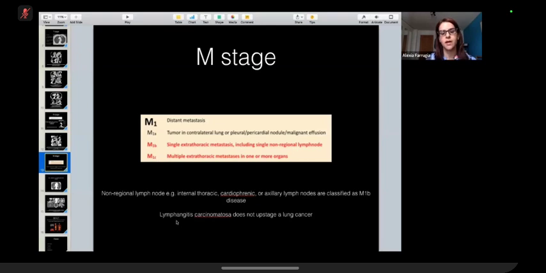And importantly, lymphangitis carcinomatosa does not upstage a lung cancer. In the 8th edition of the TNM classification, there is no mention of lymphangitis carcinomatosa, though clearly this may change with subsequent editions as our understanding improves.